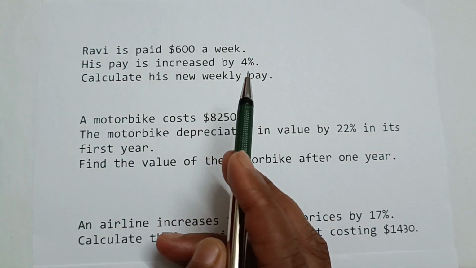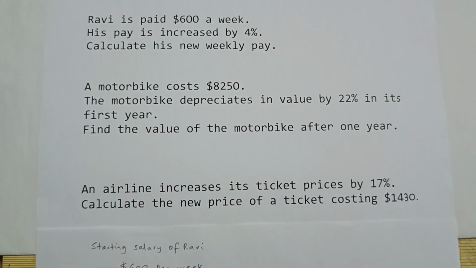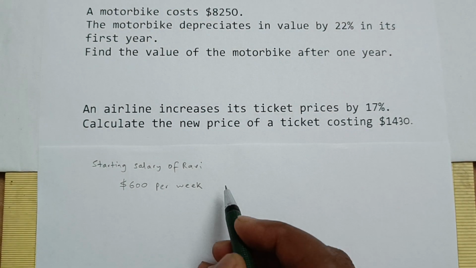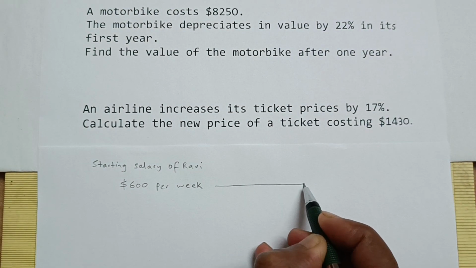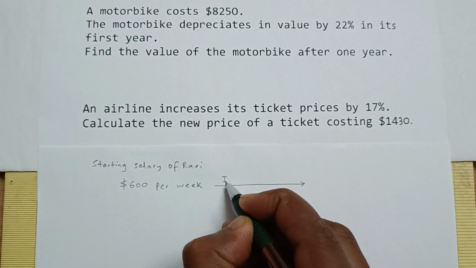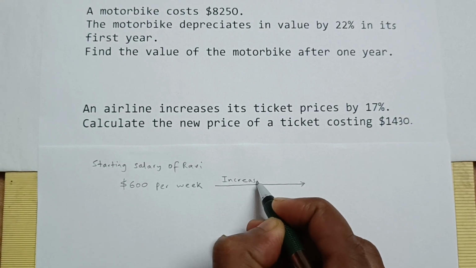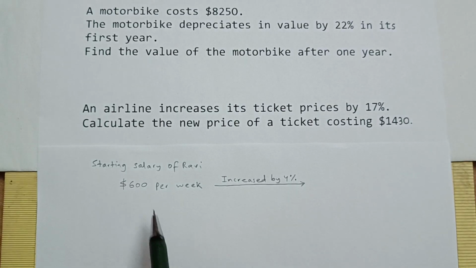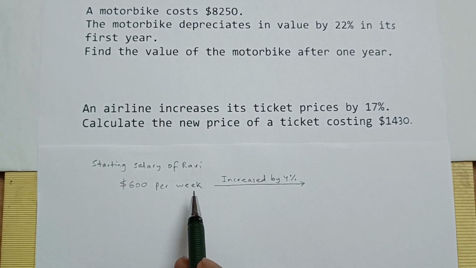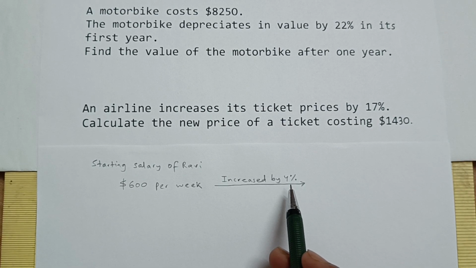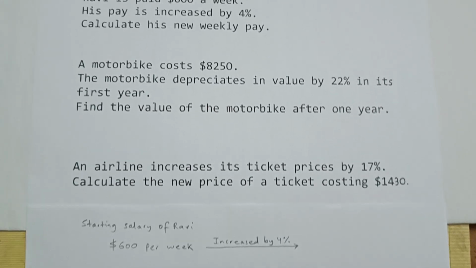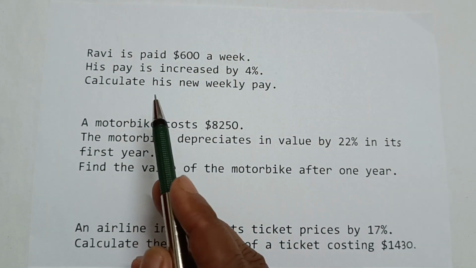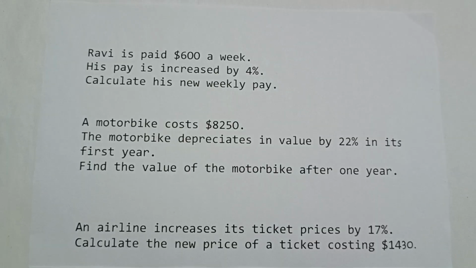Now, his pay is increased by 4%. So his salary is now increased by 4%. So his salary of $600 per week, this is increased by 4%. And now we have to calculate what is his new weekly pay.